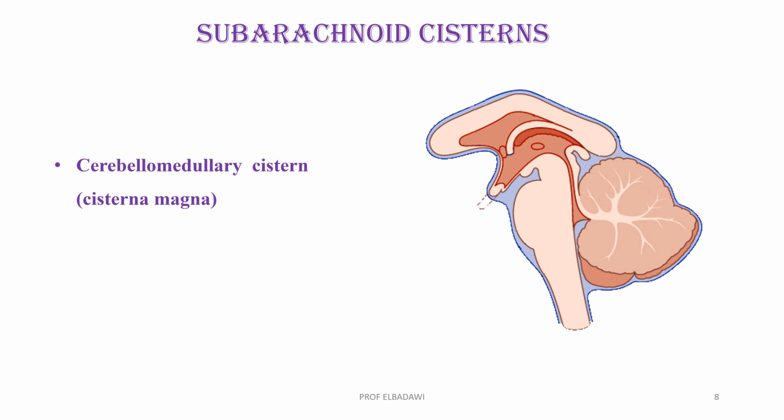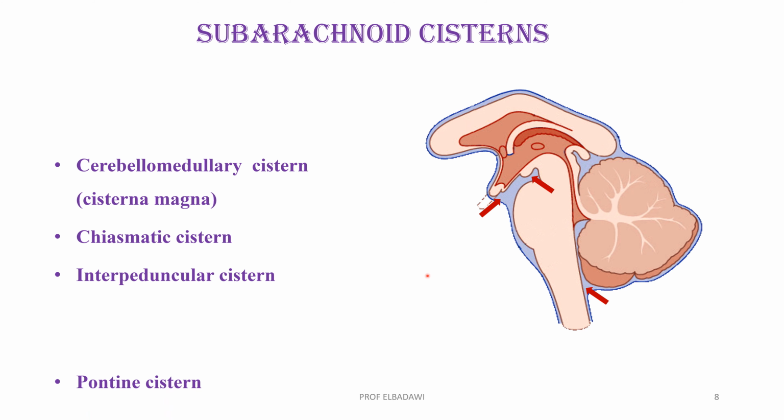There are other cisterns here. The largest one in the cranial cavity is called the cisterna magna, on the back of the medulla, between the medulla and the cerebellum. But there is also the chiasmatic cistern at the optic chiasma. Another one, the interpeduncular cistern of the midbrain, and a pontine cistern.